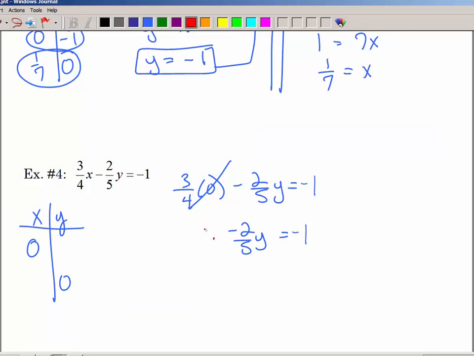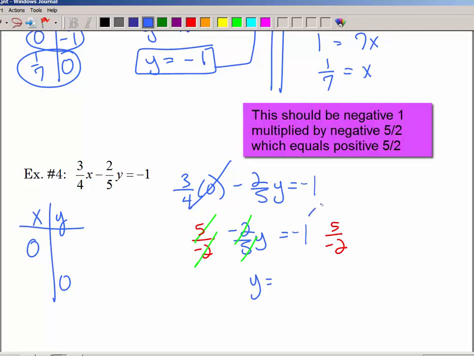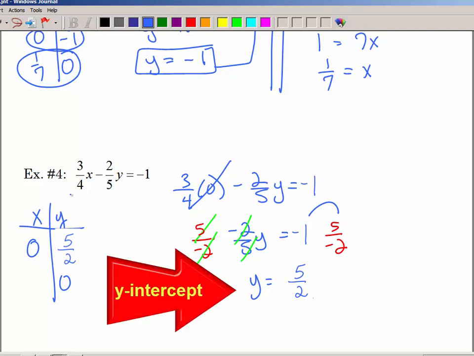Well, you just multiply by the reciprocal. Remember all of that's going to multiply and you're going to get 1y, and then 1 times negative 5/2 is negative 5/2. I challenge you to go back and get rid of the fractions and then plug in your zeros, but you should still get the same answer.